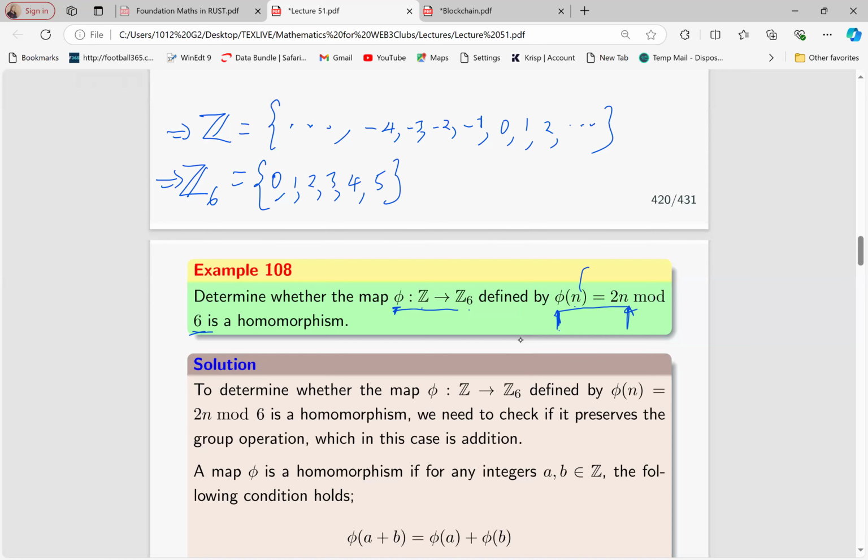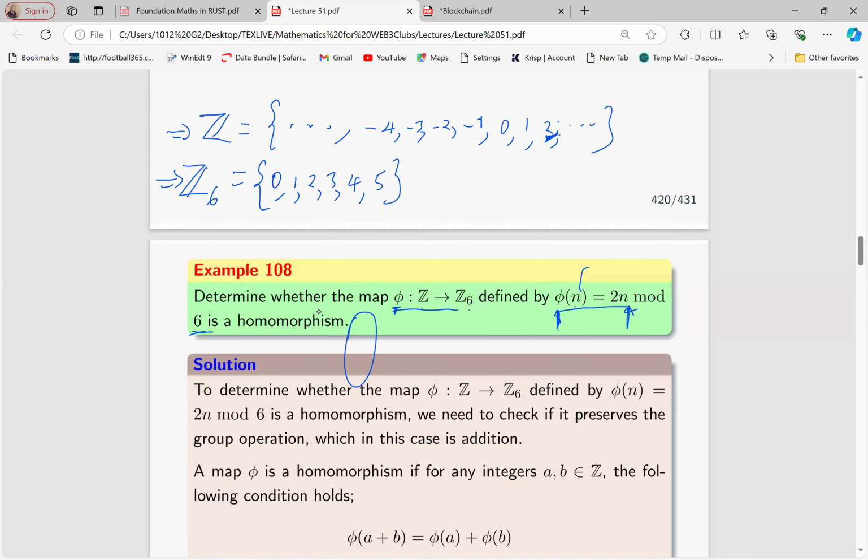For instance, if you want to map 2, map it to 2 times 2. If you want to map 3, you map it to 6. That's what this definition says.